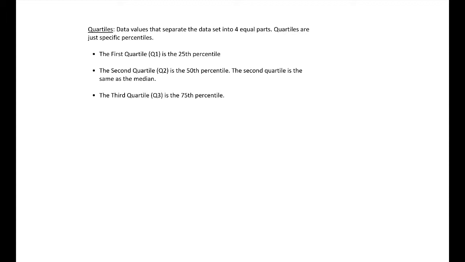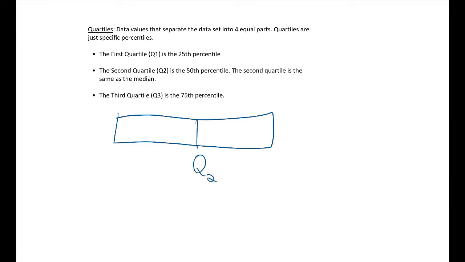So if you want a visualization of what the quartiles are calculating, imagine that you have a literal block of data, going from least to greatest. The second quartile, Q2, is the median of the entire data set. Your first quartile: look at just the left half of the data set.